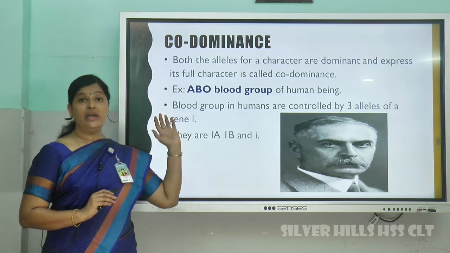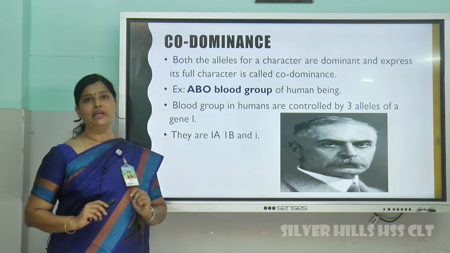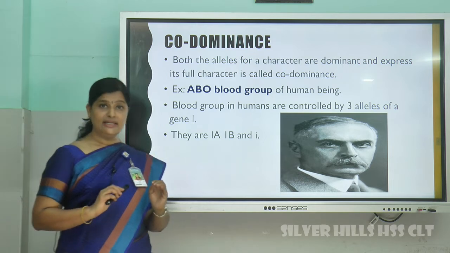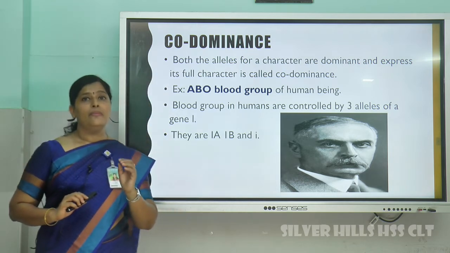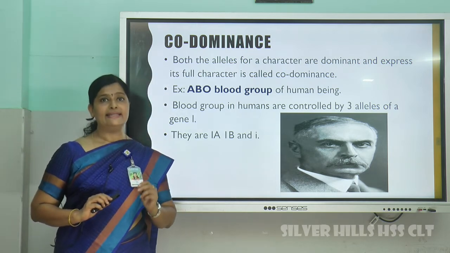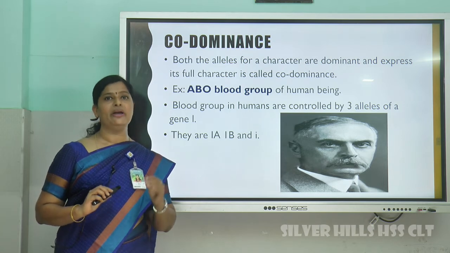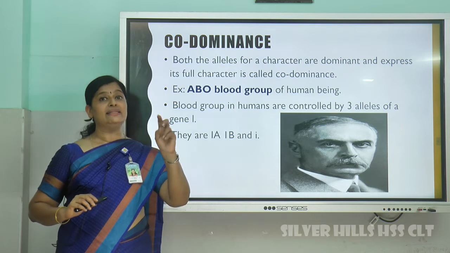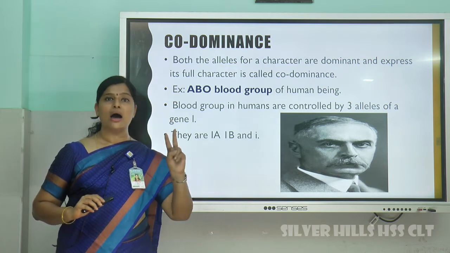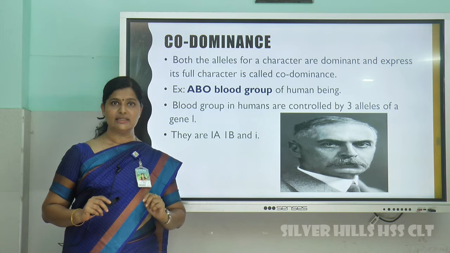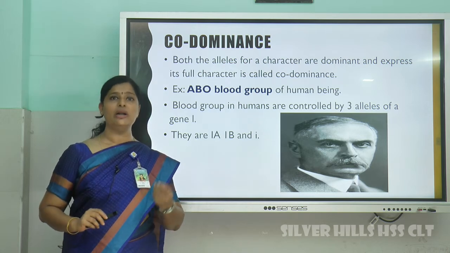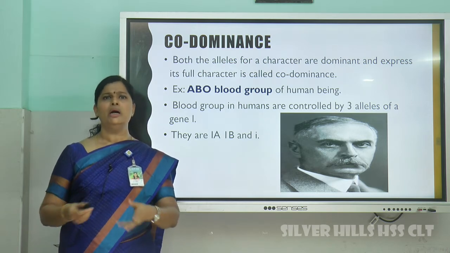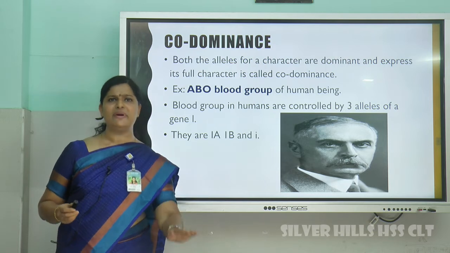Now our topic is codominance. What is meant by codominance is, in some types of cases, like ABO blood grouping, there are two alleles and both alleles are acting as dominant ones. So there is no issue of a suppressed one.